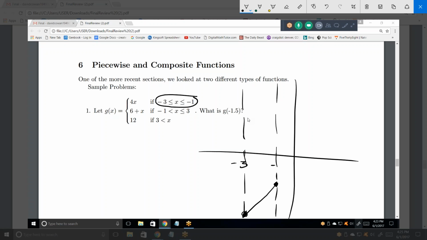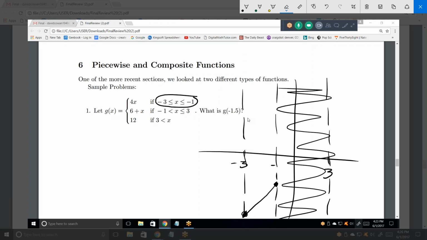Now the next zone would be from -1 to 3. Well, here's +3 over here. So if I were to draw this imaginary dotted line, now I've got to deal in this zone.